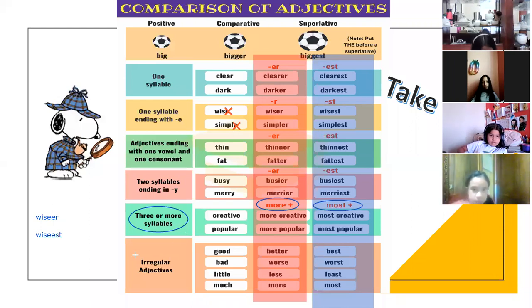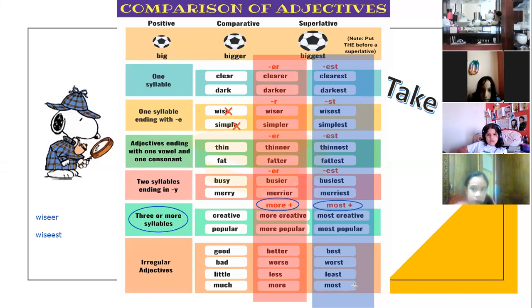Now, irregular adjectives. See, I am good, you are better, but you are the best. Good, better, best. Bad, worse, worst. Little, less, least. What is your least favorite color? Or what is your least favorite class?